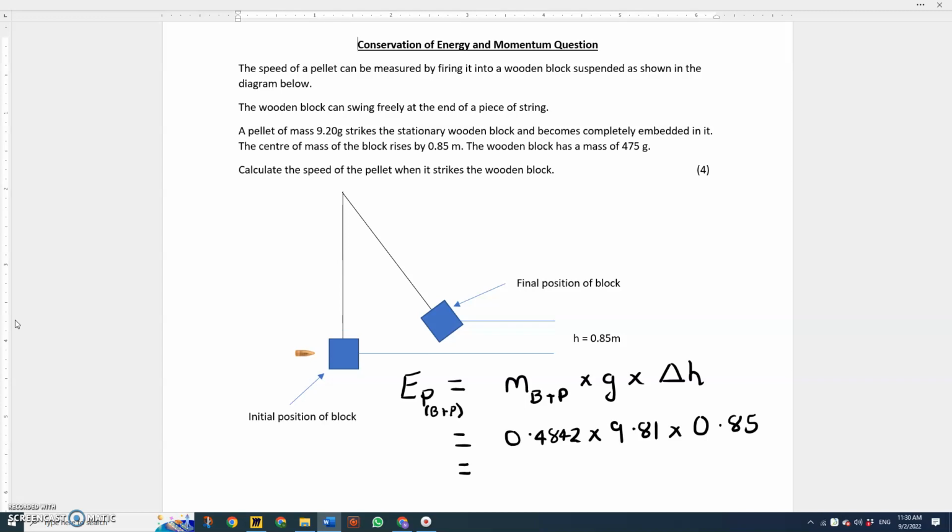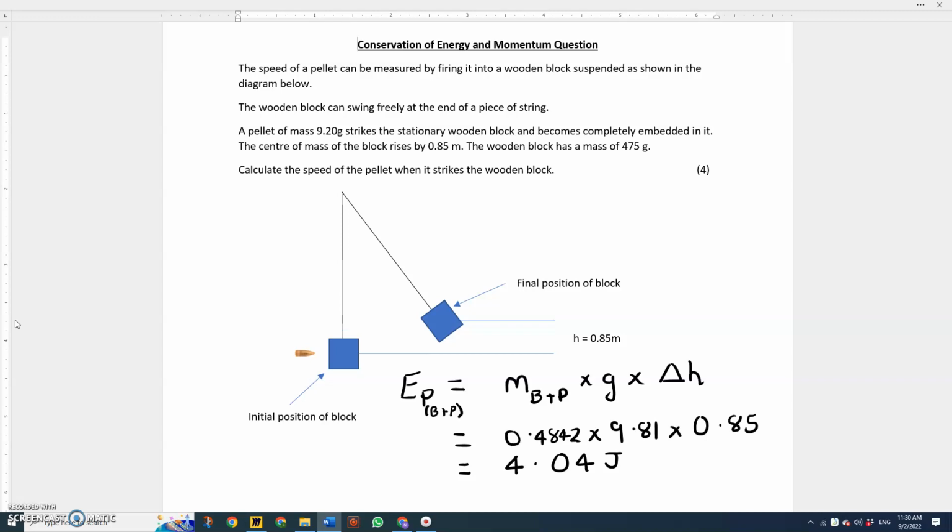So if we calculate that, we get 4.04 joules. So we've got the gravitational potential energy of the block and the pellet.